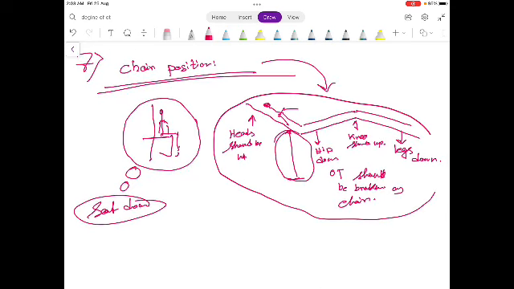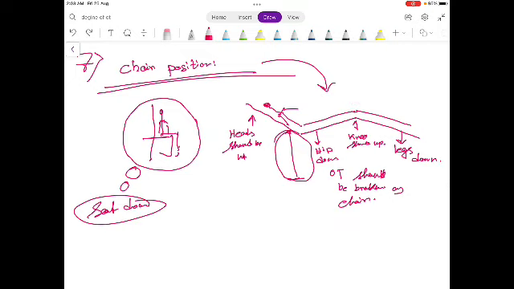So exactly this is the chair position we are going to use for a couple of OTs. The positioning is looking like a chair, so this is called the chair position in the OT.